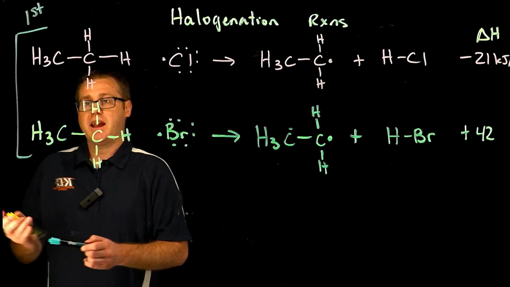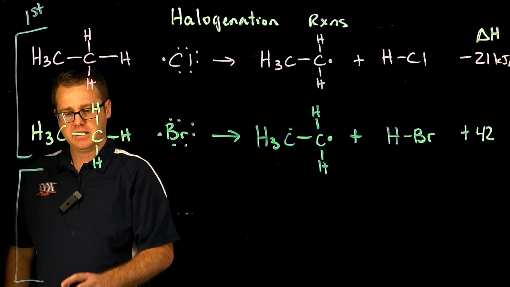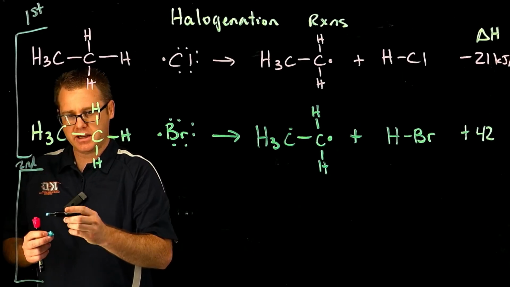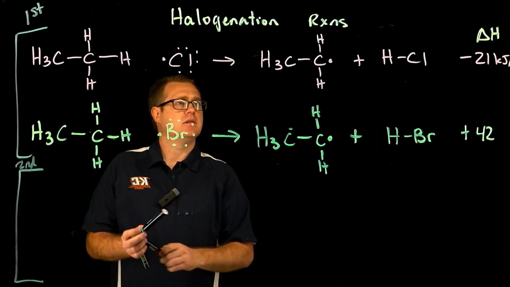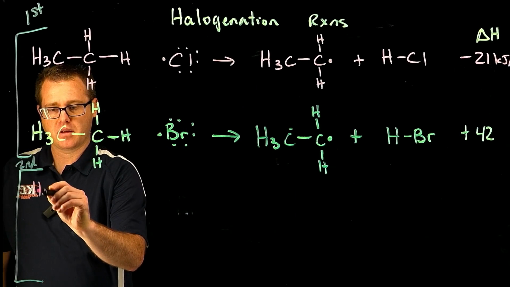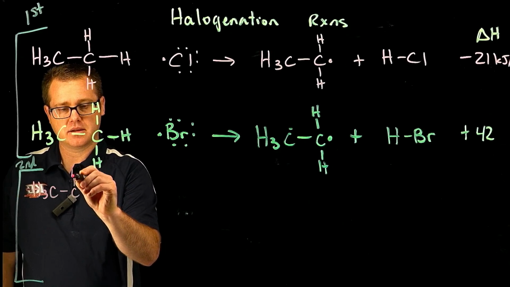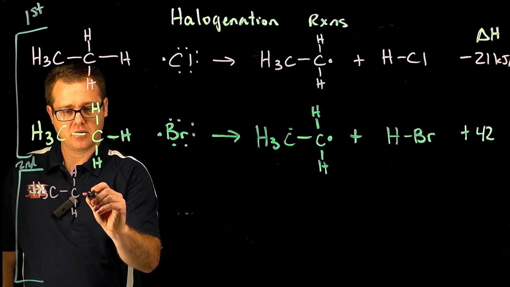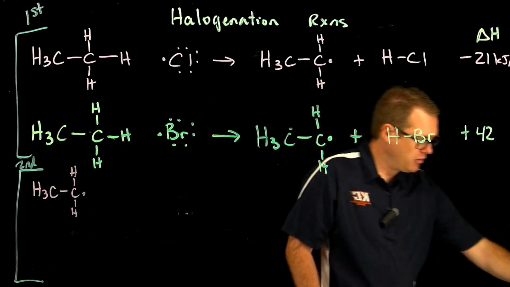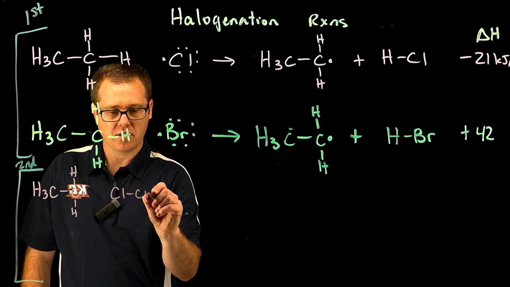Now let's take a look at the second propagation step. So this is going to be our second propagation step. Now what we have is our radical like this, and we are going to treat it with another chlorine molecule here.